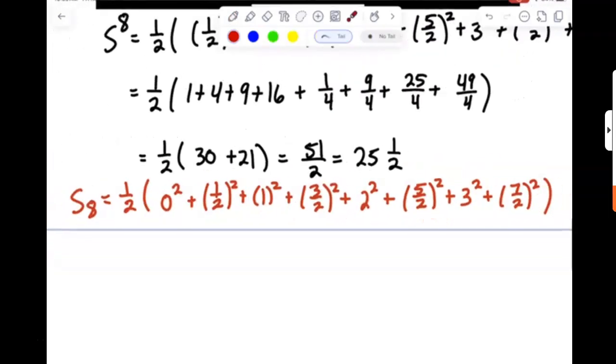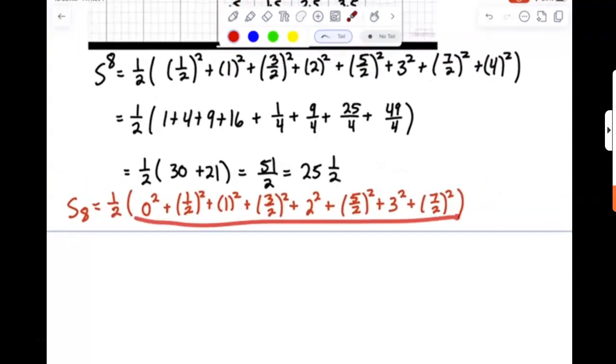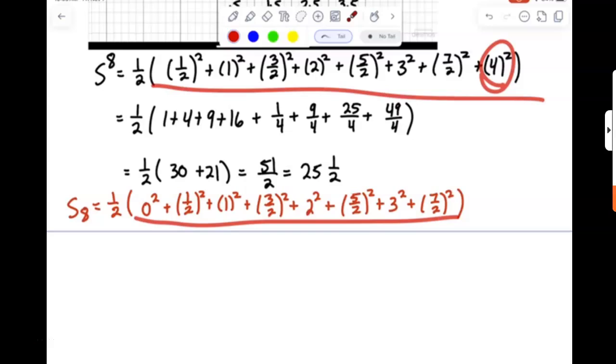Now, there's actually an easy way to do this, and that is to realize that I'm not going to add these up like I did up above. I'm going to kind of use a little trick here. Realizing the only difference between this list of addition problems and this list is the 4 up here has been replaced by a 0 down here. So if I just remove the 4 from up here, that's 16. Those things totaled up to be 51/2.